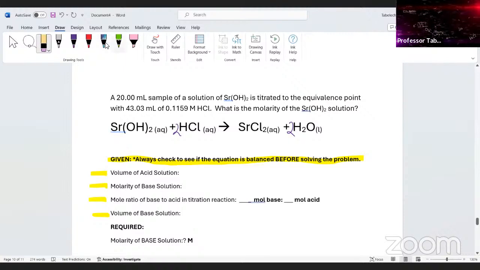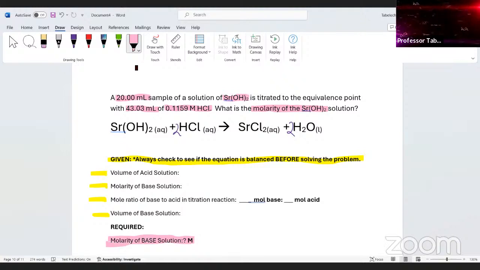It says a 20.00 milliliter solution of strontium hydroxide is titrated to the equivalence point with 43.03 milliliters of 0.115 molarity HCl. What is the molarity of strontium hydroxide? That is my base, okay? That's what we're looking for right there.